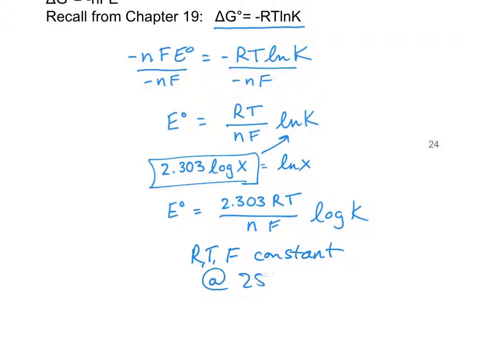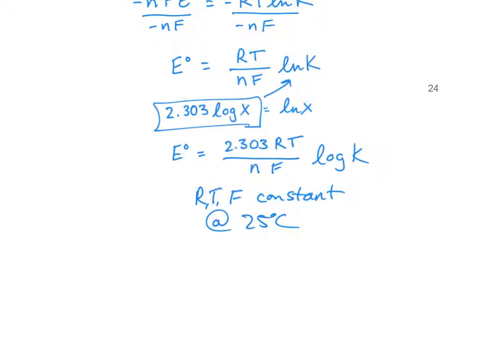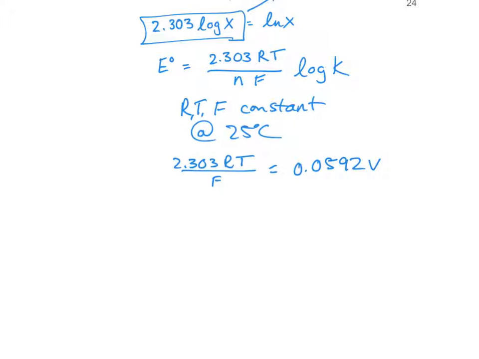So that at 25 degrees Celsius, 2.303 times R times T over F is equal to 0.0592 volts. So we'll have the standard potential is equal to 0.0592 over N times the log of K.